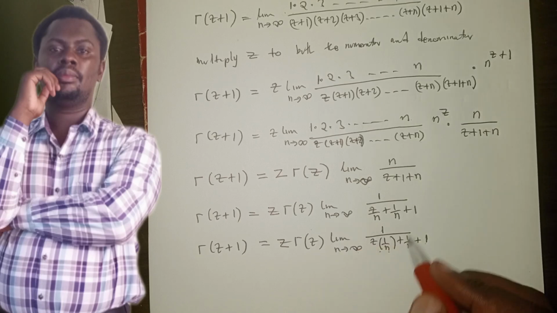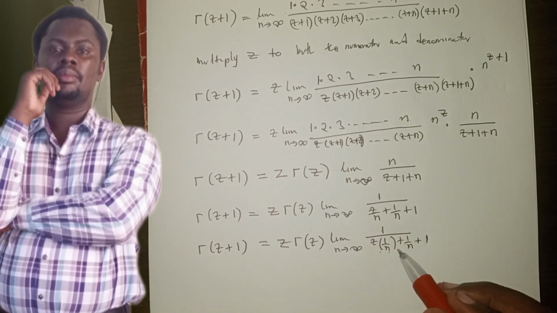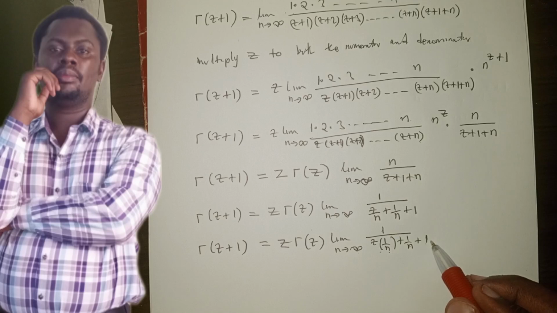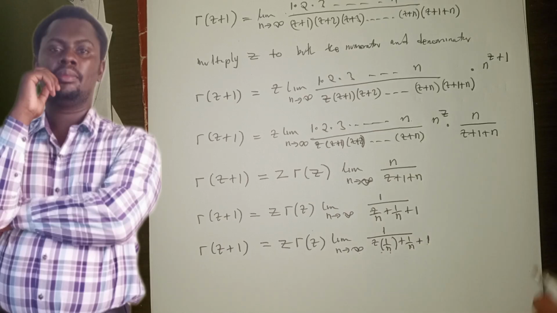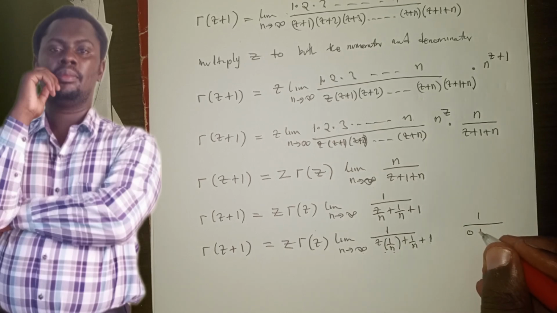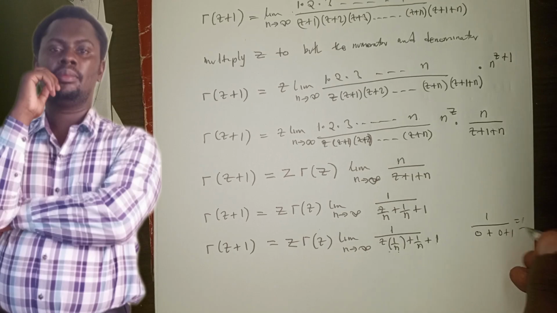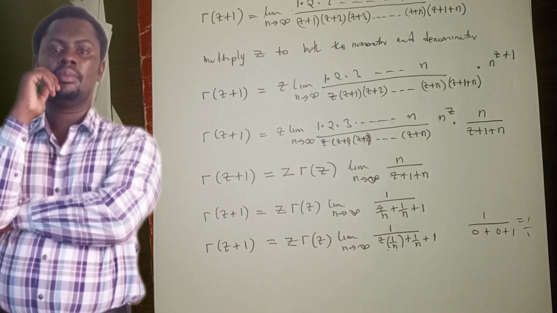So this whole thing, the limit as n approaches infinity of 1 over z times 1 over n plus 1 over n plus 1, will give us 1, because we have 1 over 0 plus 0 plus 1, and 1 over 1 is just 1.